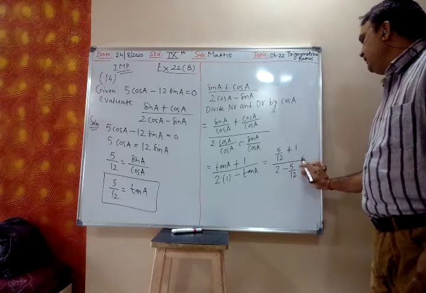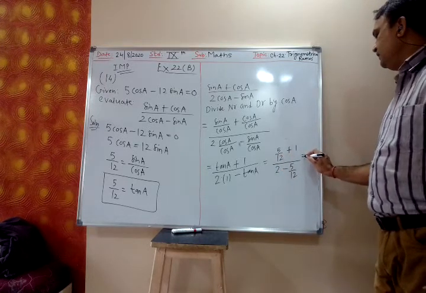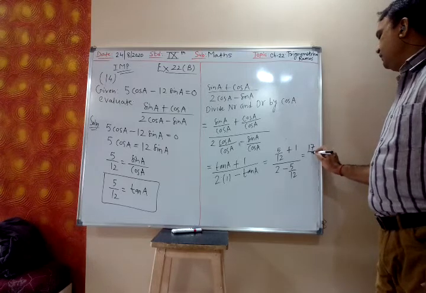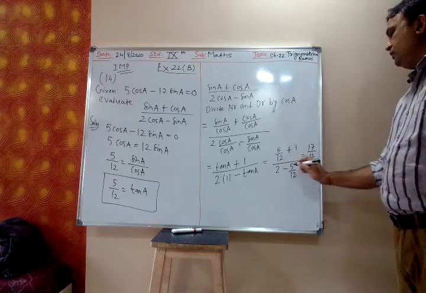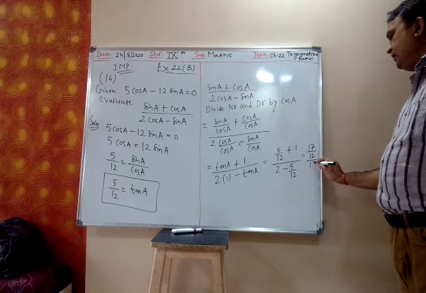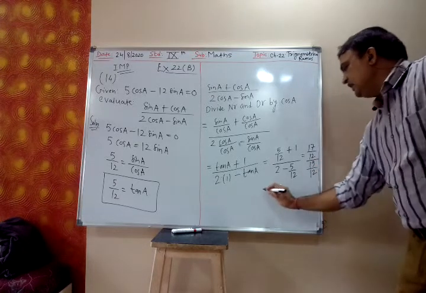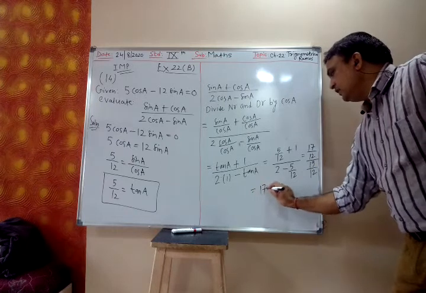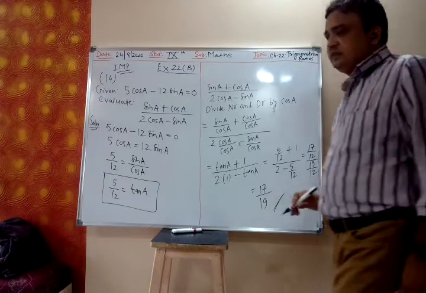Now we just simplify, cross multiply. 5 plus 12 is 17, so 17 upon 12. Then 12 twos are 24, 24 minus 5 is 19 upon 12. Are you getting this? So 12 gets cancelled. The answer is 17 upon 19.